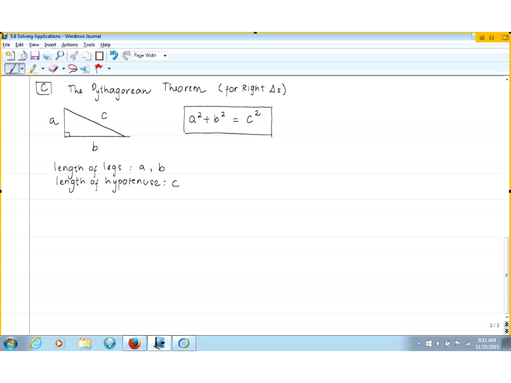Now, let's do some examples of applications that require the Pythagorean theorem. So let's write those down.